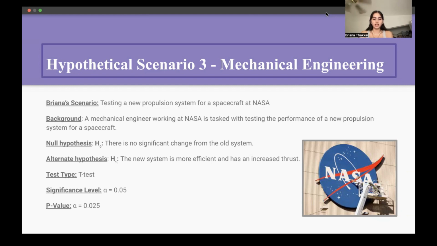With this test, we can conclude that since the p-value is smaller than the chosen significance level, which is 0.05, the engineer rejects the null hypothesis and concludes that the new propulsion system is more efficient and should be implemented in further experiments.